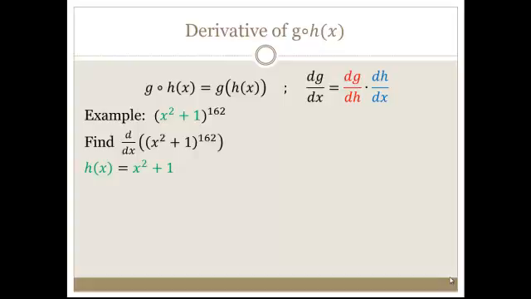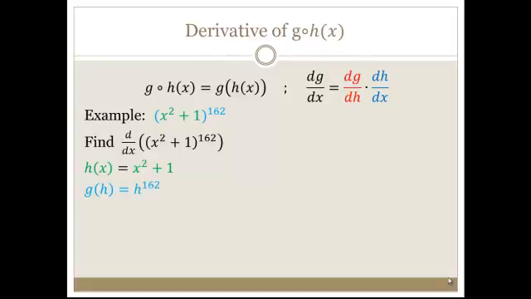In this example, we take x squared plus 1 and raise it to the 162 power. So our outside function, g of h, is h to the 162, since we raise x squared plus 1 to the 162 power.